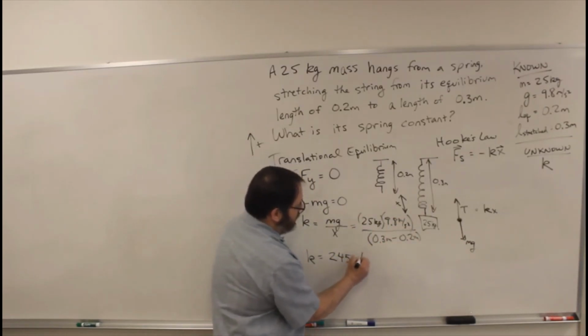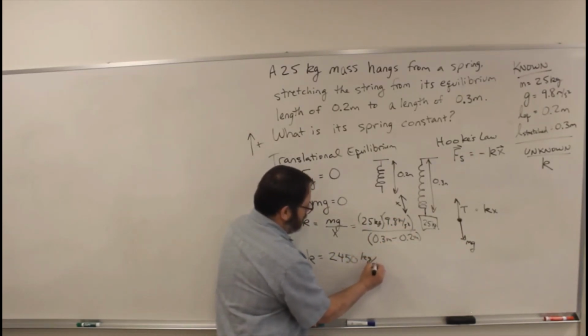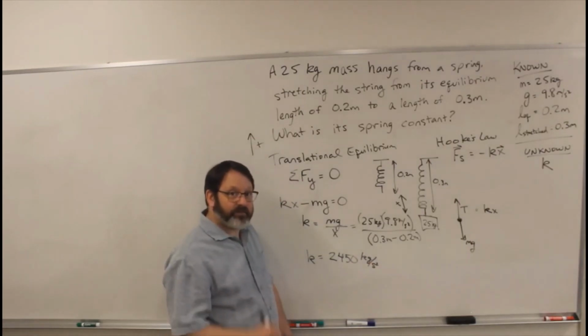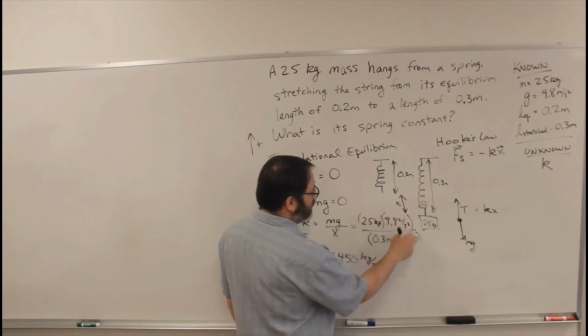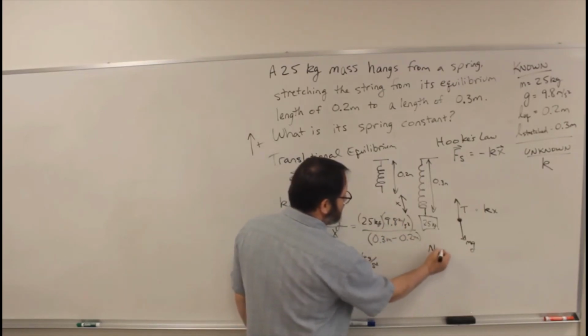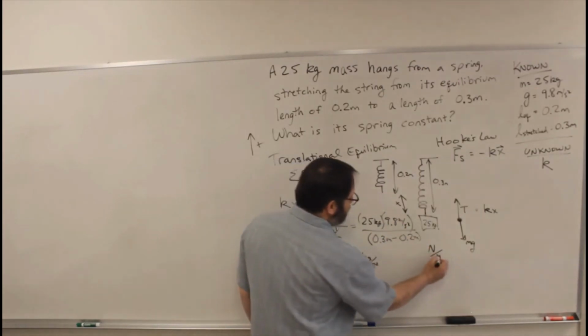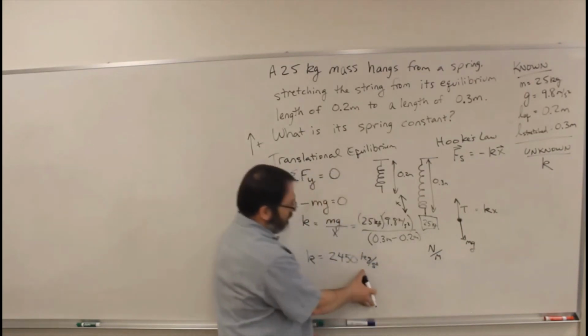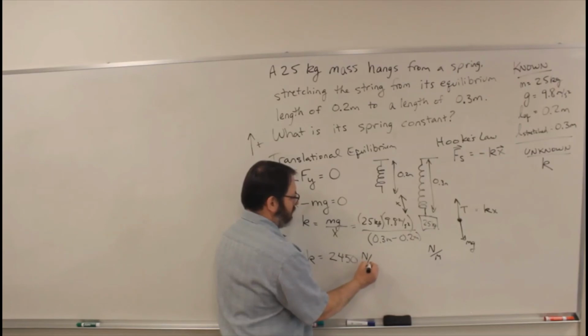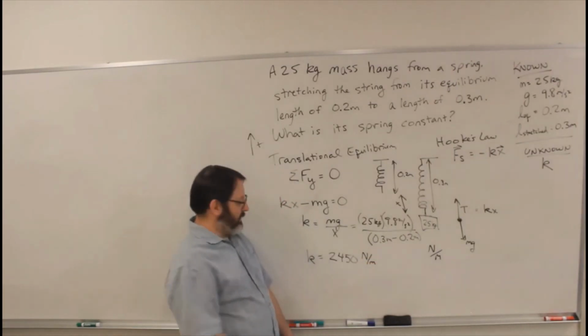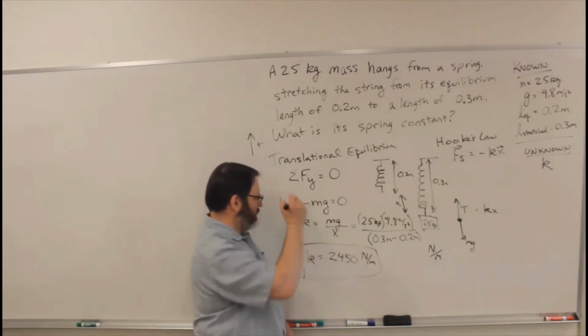This has to be kilograms per second squared. There's also another possible unit for it. Kilogram meters per second squared, that's newtons. And then on the bottom there were meters. Instead of calling it kilograms per second squared, we'll use newtons per meter. So that's the answer.